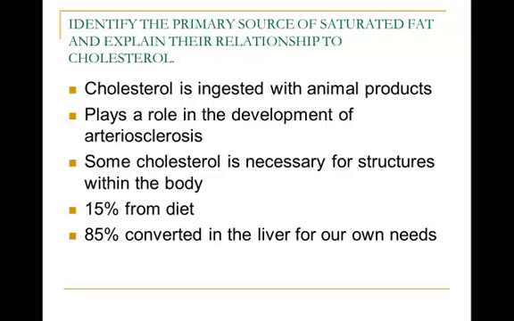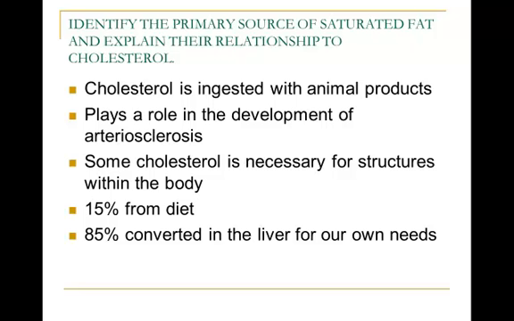So cholesterol is ingested with animal products. We make cholesterol inside of us as well, but the cholesterol that we eat comes with animal products. So we think about steak and butter and that sort of thing. Because they are saturated, they can contribute to the developing of what we call arteriosclerosis.